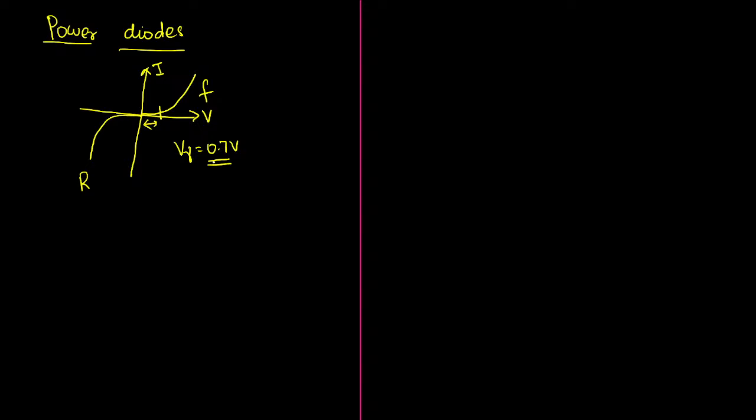Next, in the diode, there is one more term in the reverse bias that is called peak inverse voltage. You might have heard this term, PIV. What is this peak inverse voltage? This will specify the maximum amount of voltage that can be applied across the diode in reverse bias. That is the beauty of this peak inverse voltage.